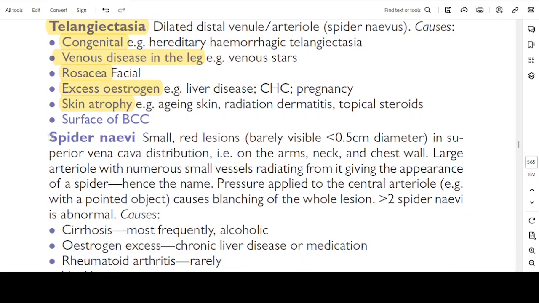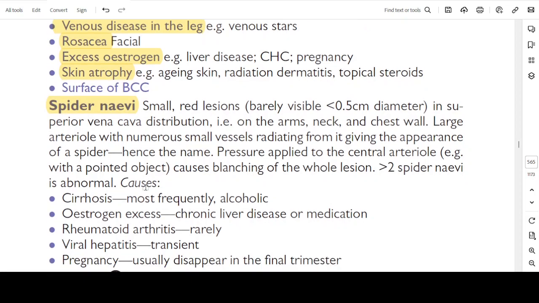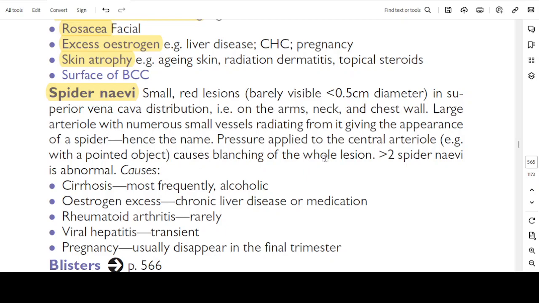Spider nevi. Small red lesions, barely visible, less than 0.5 centimeters in diameter, in superior vena cava distribution on the arms, the neck, the chest wall. A large arteriole with numerous small vessels radiating from it gives an appearance of a spider, hence the name. Pressure applied to the central arteriole, for example with a pointed object, causes blanching of the whole lesion.